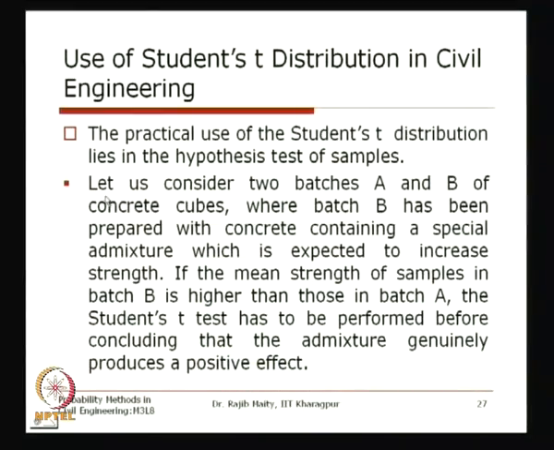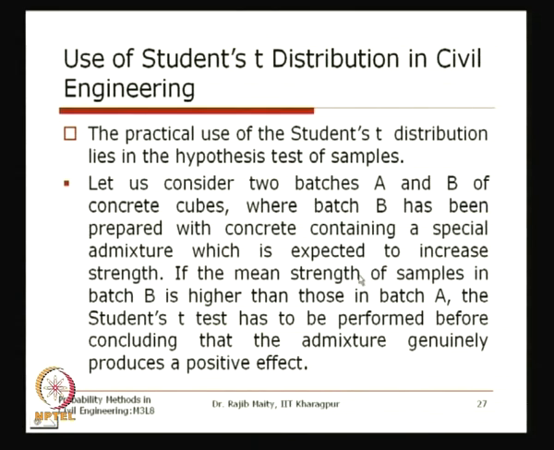And while testing this kind of hypothesis where the mean is involved, we have to follow the student t distribution. This is what is explained here: let us consider two batches A and B of concrete cubes, where batch B has been prepared with concrete containing a special admixture which is expected to increase its strength.